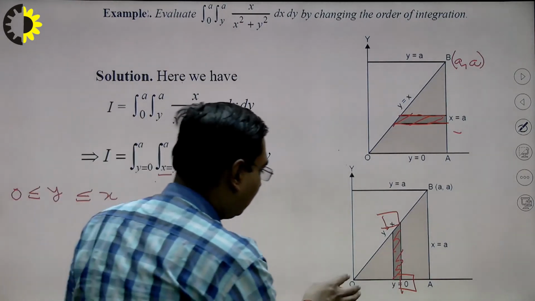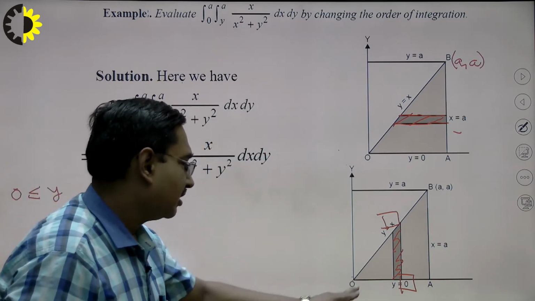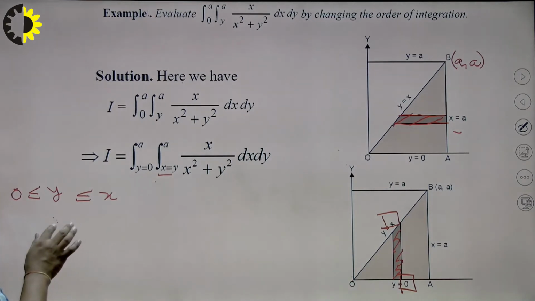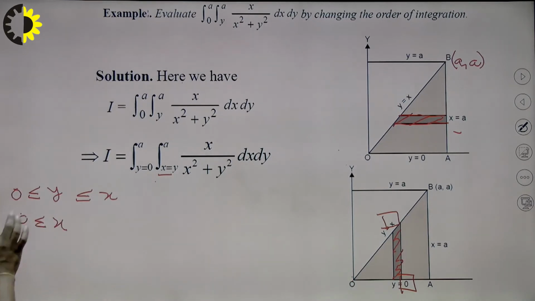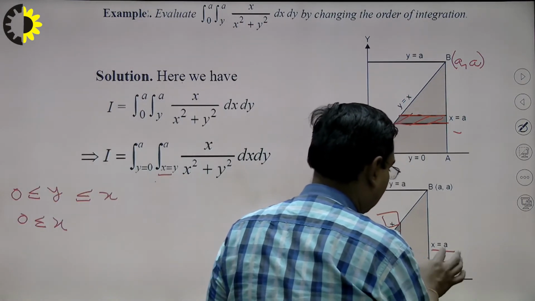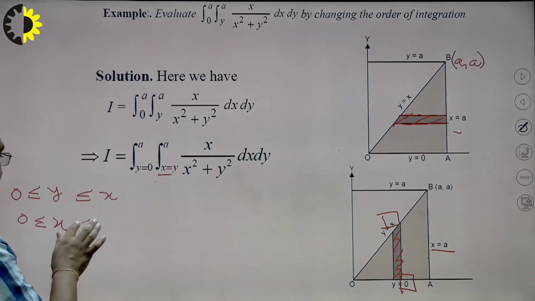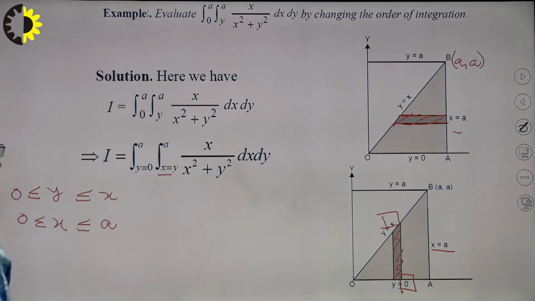Now at the leftmost extreme point of the region we have the origin, where the value of x is 0, so it will be the lower limit of x. At the rightmost point the value of x is a, and therefore x equal to a will be the upper limit.